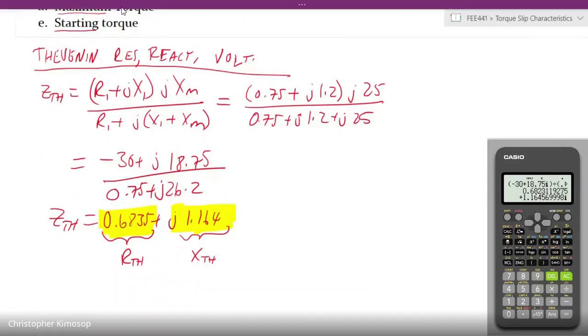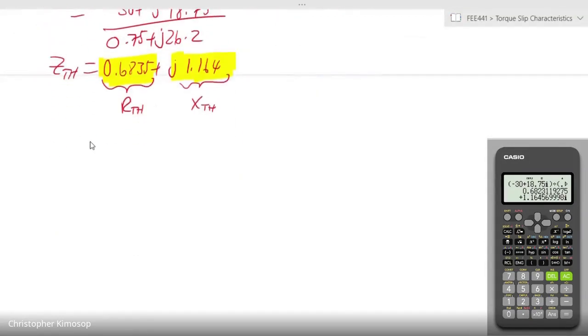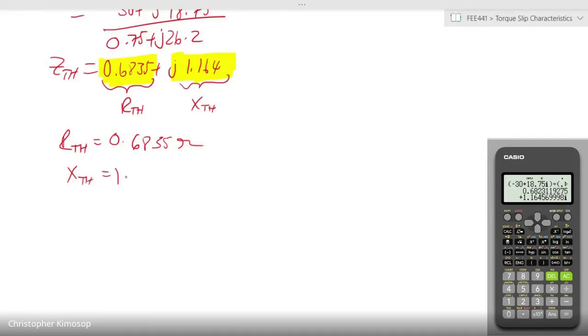Let's put it down completely. We are looking for R Thevenin, which is 0.6835 ohms, and X Thevenin is equal to 1.164 ohms.